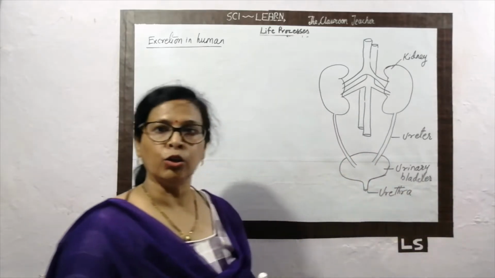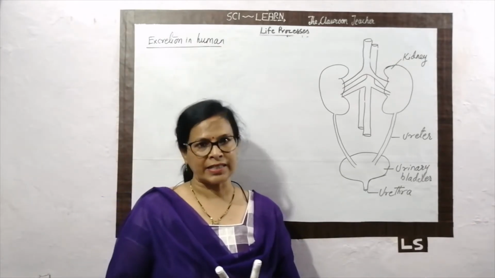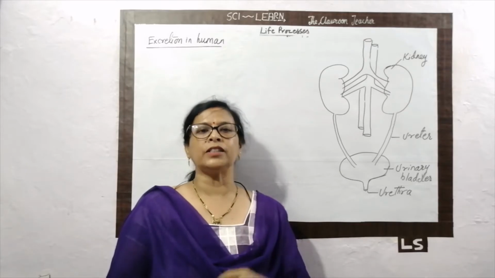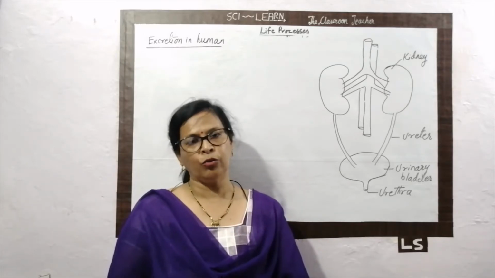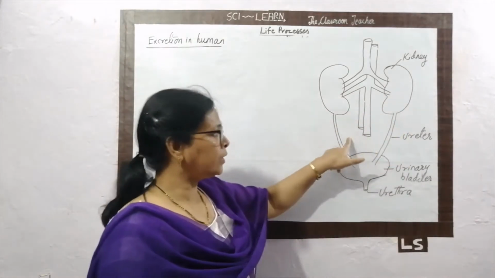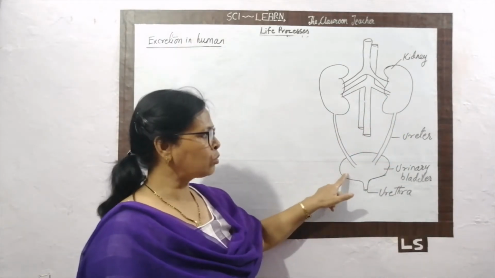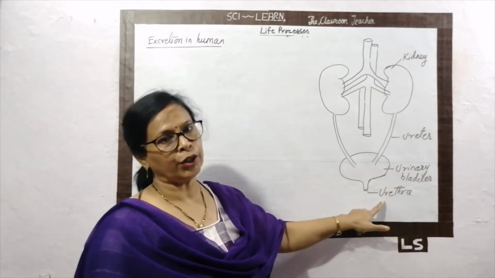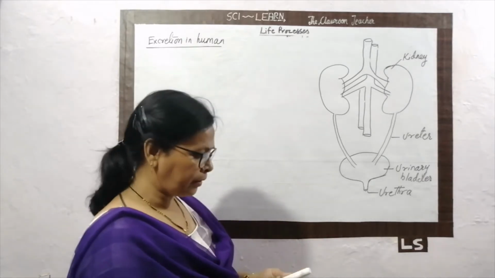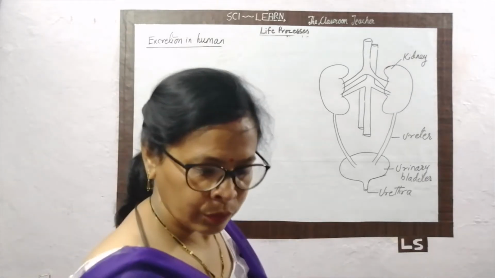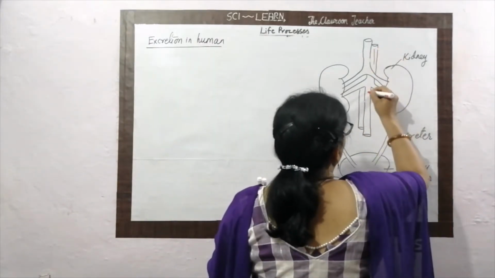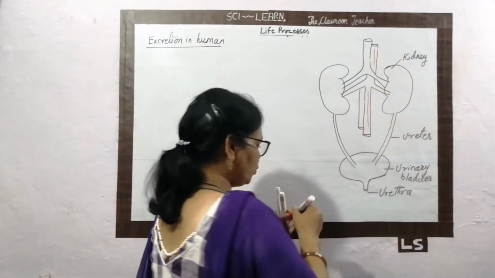So what happens in the human body? The process of excretion is performed by a special organ system called the excretory system, which includes a pair of kidneys, a pair of ureters, one muscular urinary bladder, and the urethra, that is the opening of the urinary bladder. Here in the middle, two tubes are present.